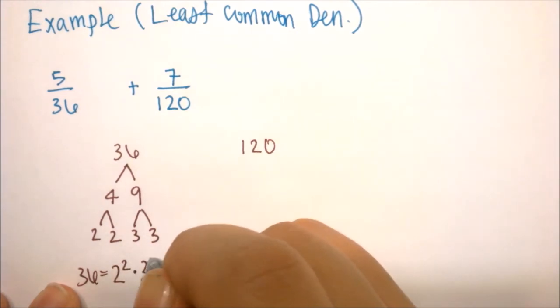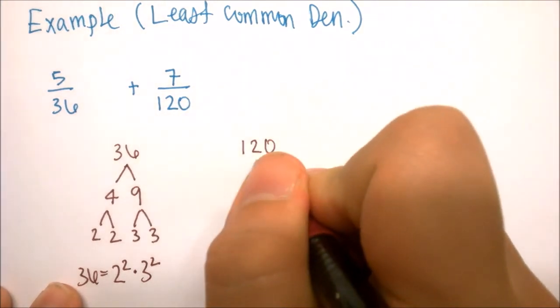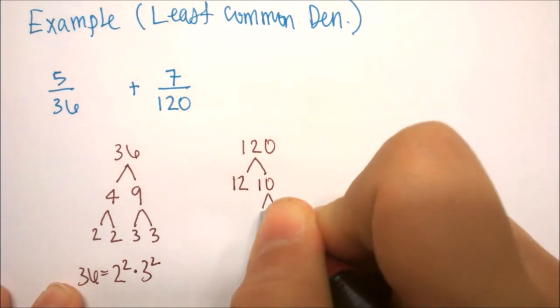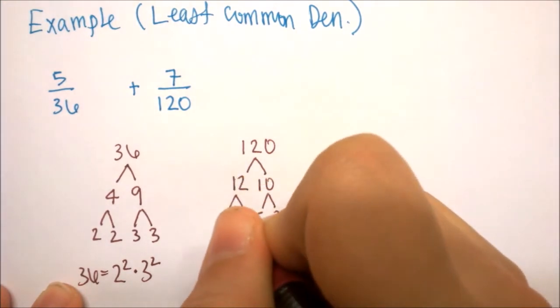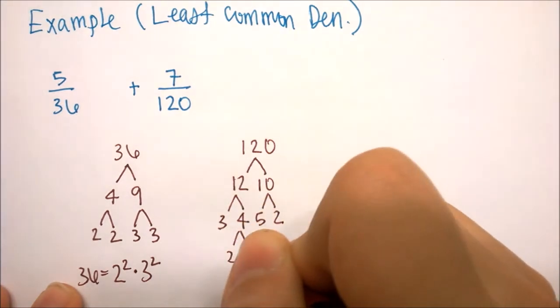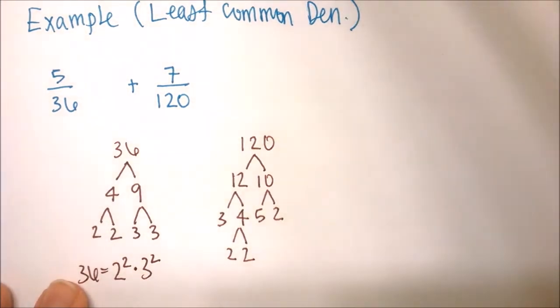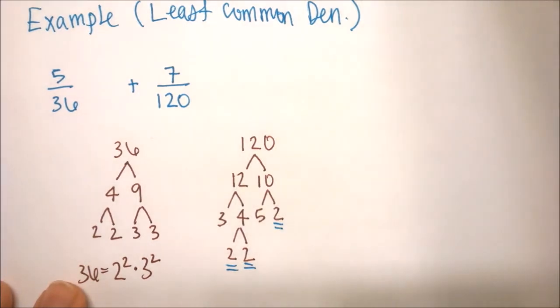times 3 squared. Okay, so 120 is 12 times 10, 5 times 2, 3 times 4, and 2 times 2. So here we have 1, 2, 3 2's.